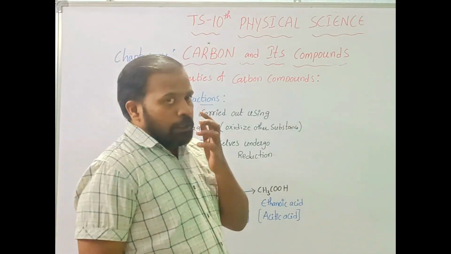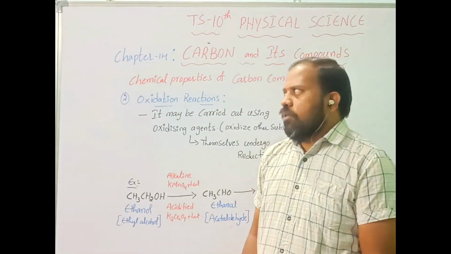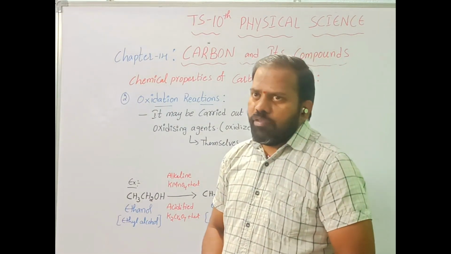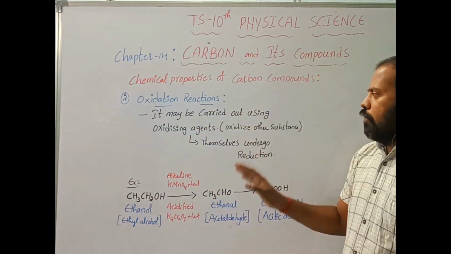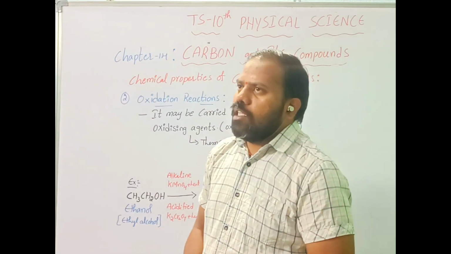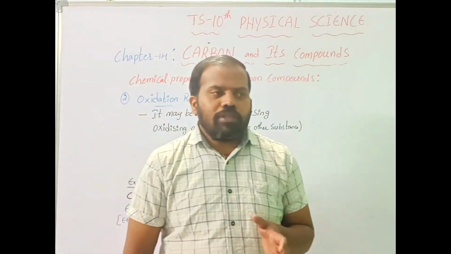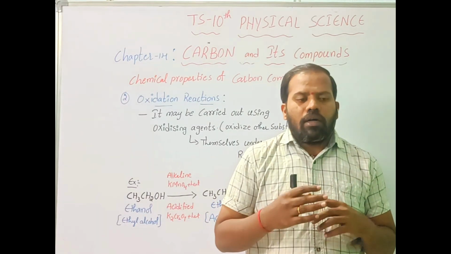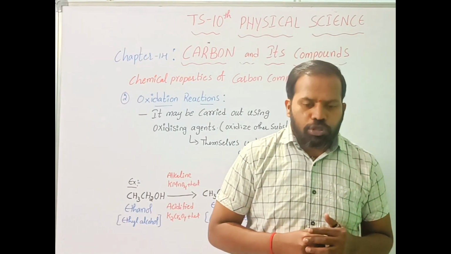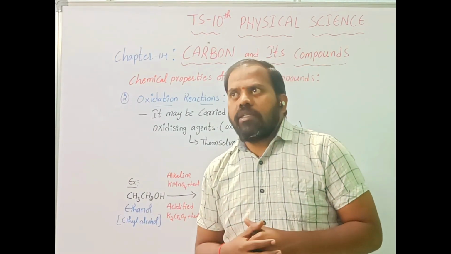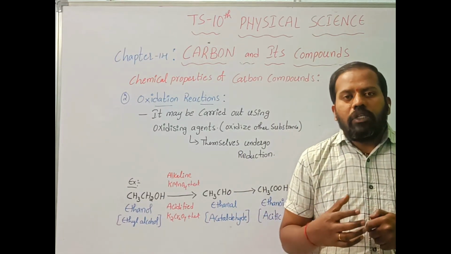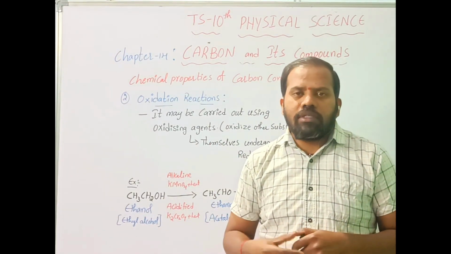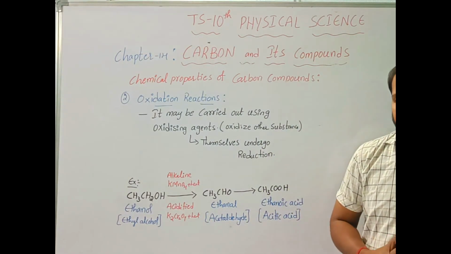Next, oxidation reactions, the second type of reaction. What is the definition? It may be carried out using oxidizing agents. Oxidation is nothing but addition of oxygen or removal of hydrogen. We have to use oxidants to supply oxygen, adding oxygen or removing hydrogens.